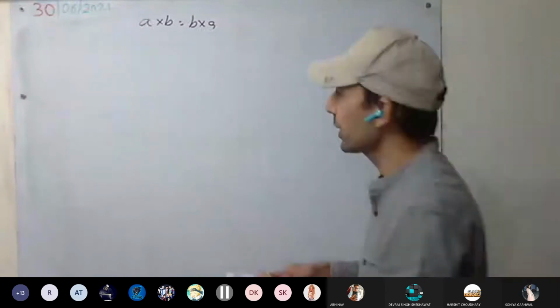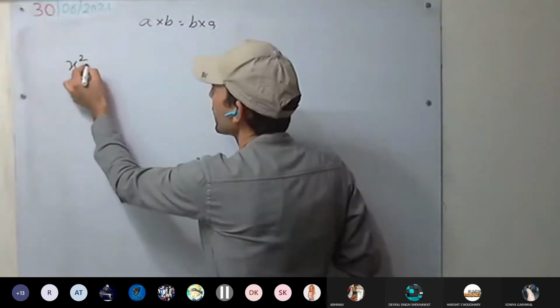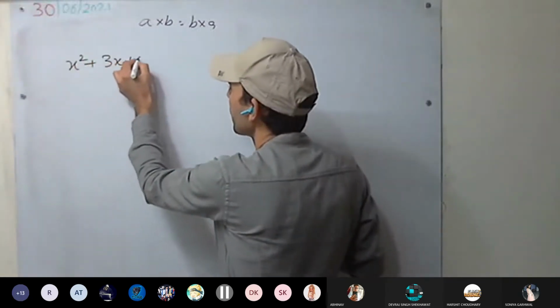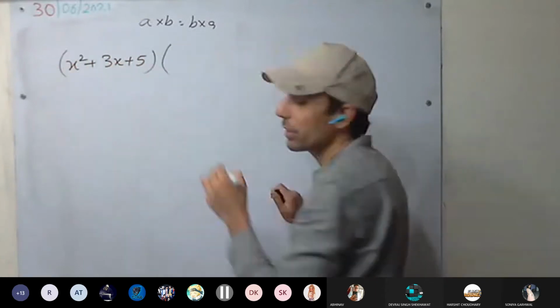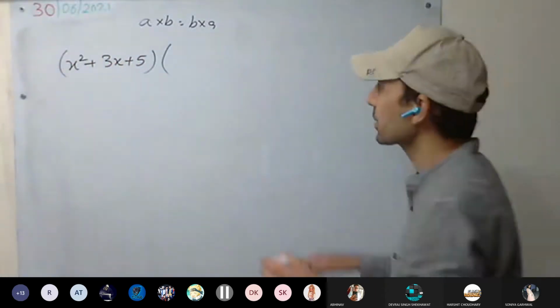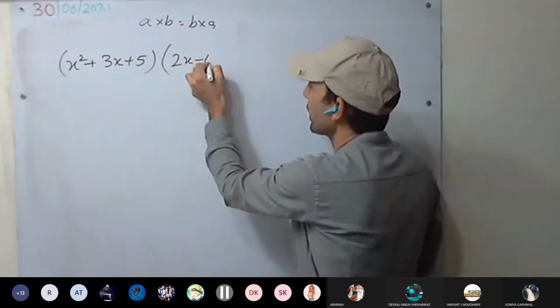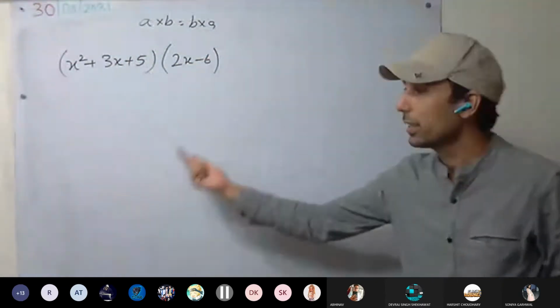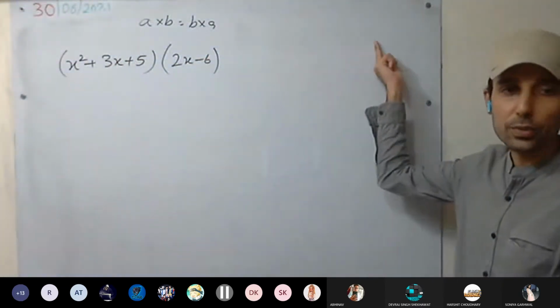It is x square plus 3x plus 5, multiplied with 2x minus 6. Either this way or you can multiply 2x minus 6 into this one.